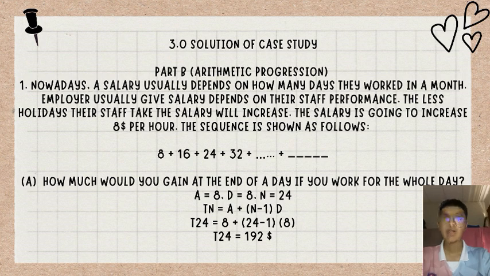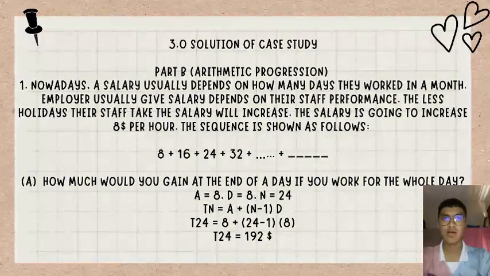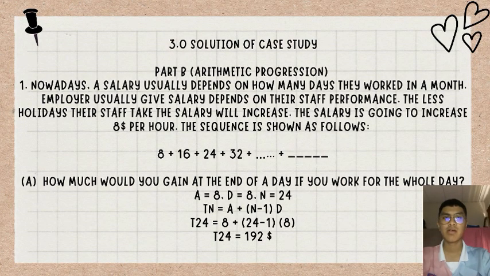A. How much will you gain at the end of a day if you work for the whole day? Given A equals 8, D equals 8, and N equals 24.